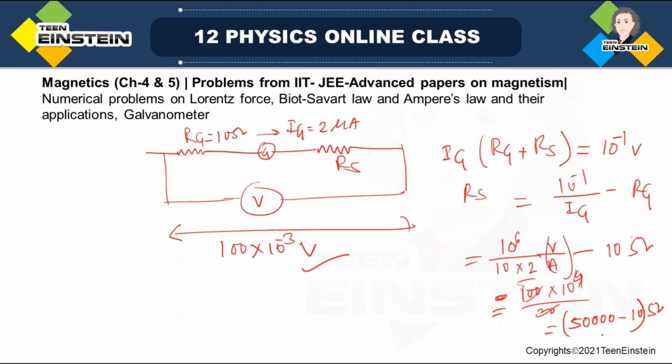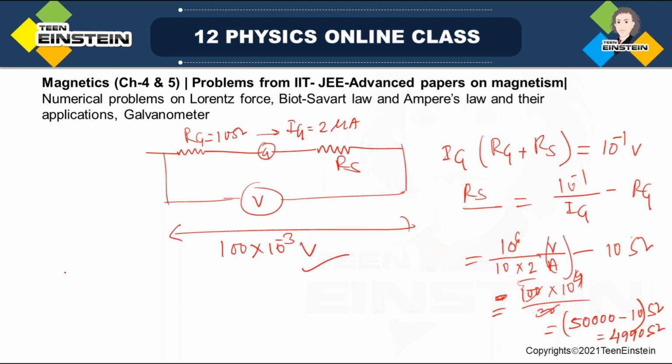So approximately, Rs is 49,990 ohm. Okay, so we have got Rs.